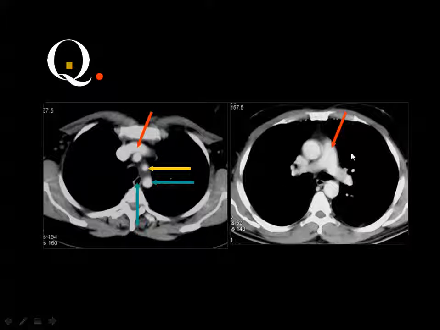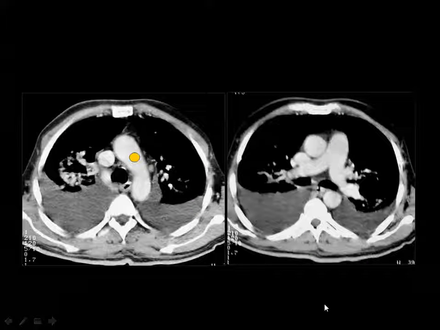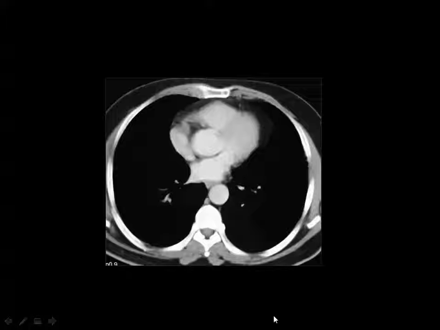Then if you look here, this is the pulmonary main trunk, and this is the ascending aorta, and this is the superior vena cava, and this is the descending aorta. Then this is of course the arch of the aorta, and this is the right main pulmonary artery, and this is the descending aorta, and here you can see the superior vena cava. Then the remaining branch is the main pulmonary trunk.